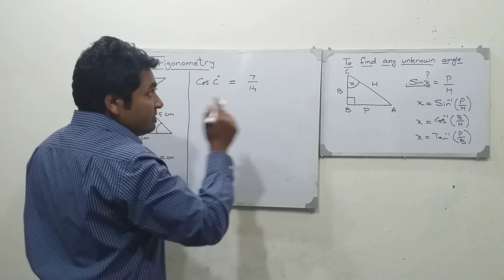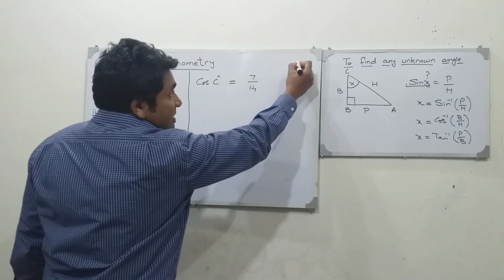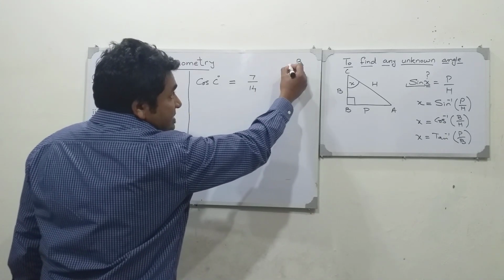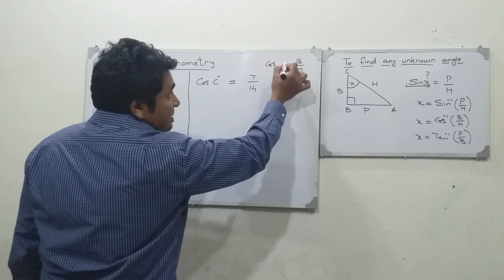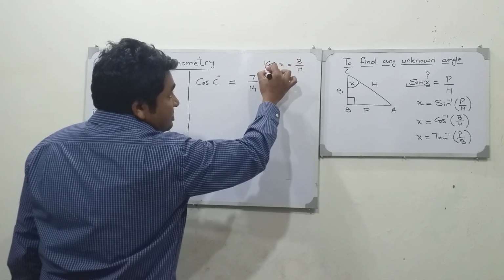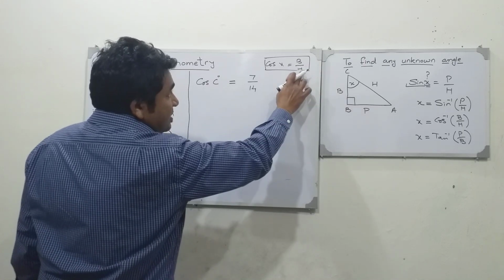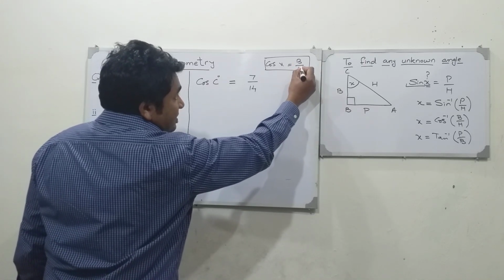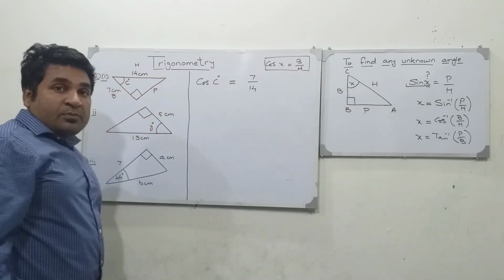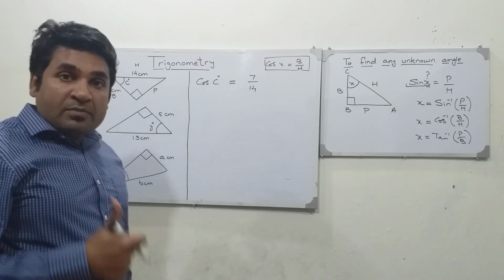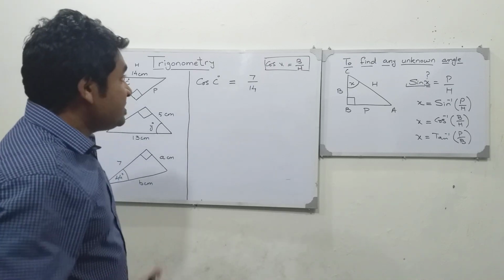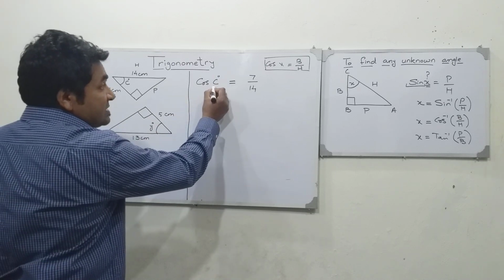I hope you have learnt the names of the ratios. Base over hypotenuse is equal to cosine of any angle. I hope you have a proper command on it and you are mastering it. Now you are supposed to find this angle.